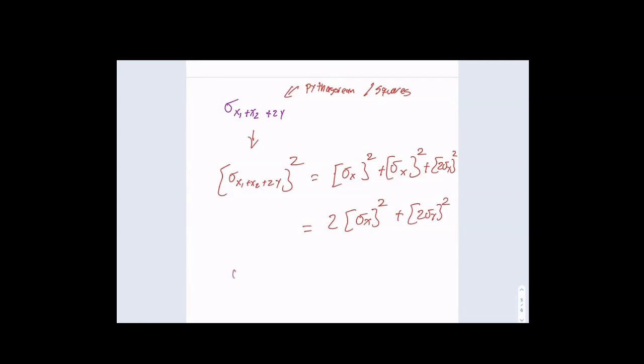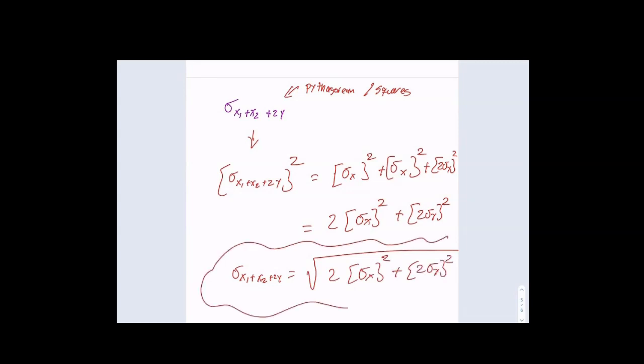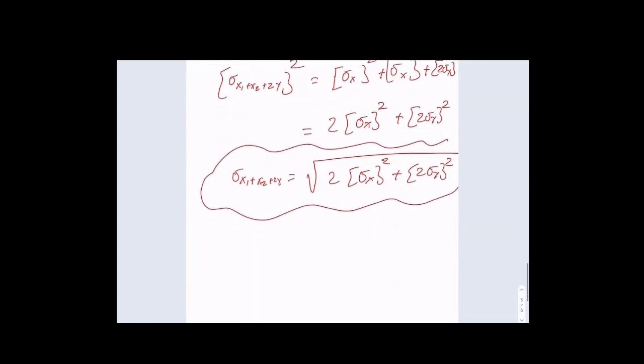And therefore, the standard deviation of x1 plus x2 plus 2y is equal to the square root of that. And all it becomes is just plugging in the numbers. You're going to be given what the standard deviation of x and y are. You'll be given that information.